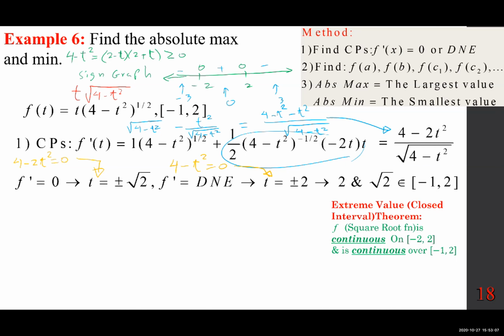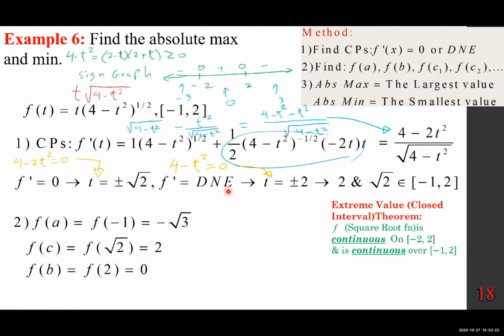So now you are going to plug in. What are you plugging in? You plug in negative 1, you plug in 2, you plug in also square root of 2 to evaluate this. So when you plug in, this is what you get. I will quickly show you how you arrive at it. Okay, class, just give me a quick second.